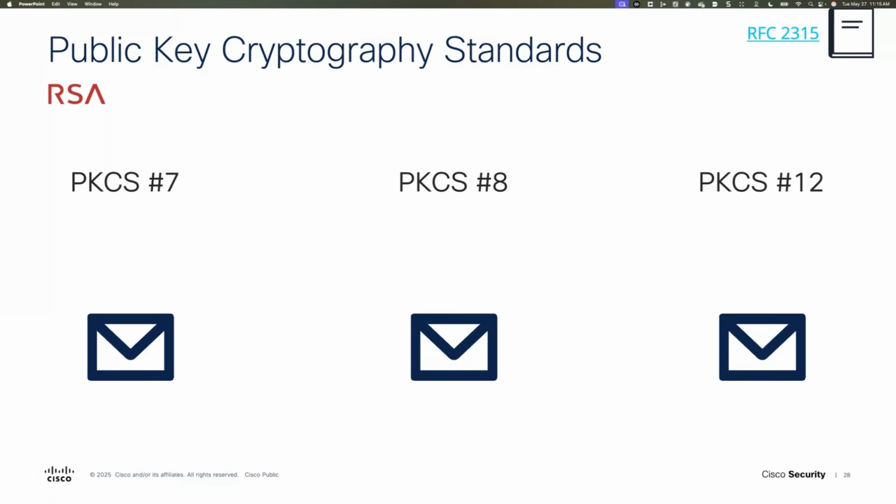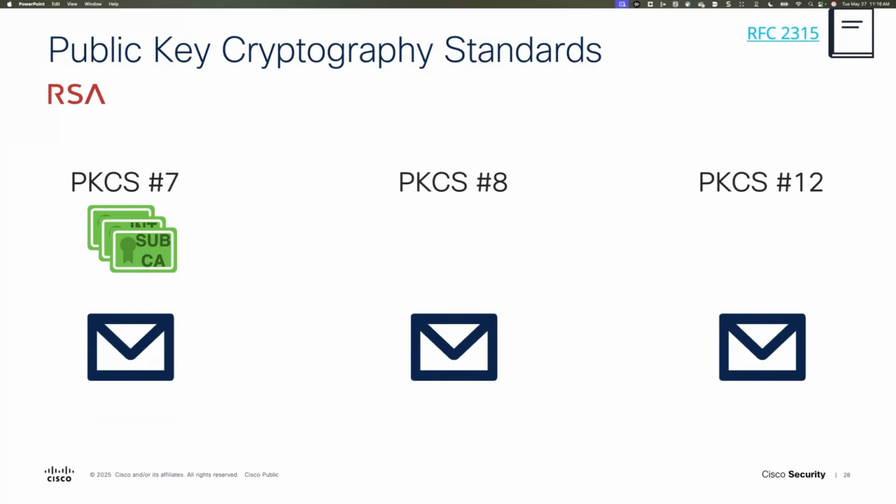If you've ever started a web server and you had to upload your PKCS or your PKI or your server certificate to it, it's going to ask you for a specific format in which you need to upload that certificate. Now, PKCS 7, that's got your certificate chain that we talked about, your root CA, any intermediate CAs, and the subject CA that the server itself has been issued.